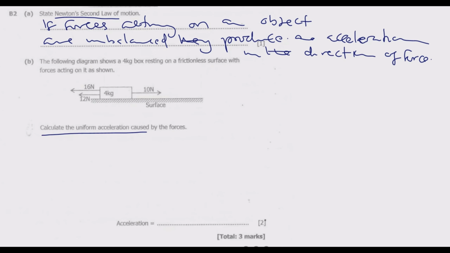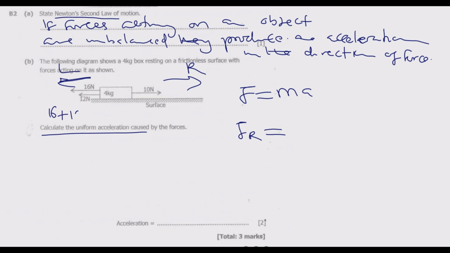So first we know that a force is given by mass times acceleration. Then what is this force? So this force should be basically the resultant force. So we have a force in this direction and a force in this direction. So we need to find the total force pulling in the left direction and the right direction. So in the left direction it's basically 16 plus 12, which is 28 newtons.